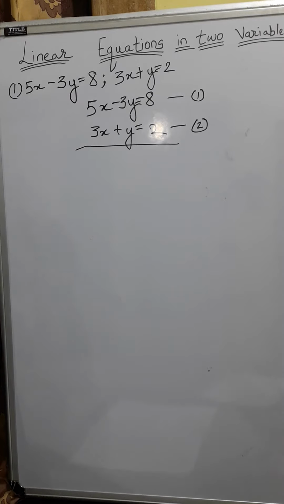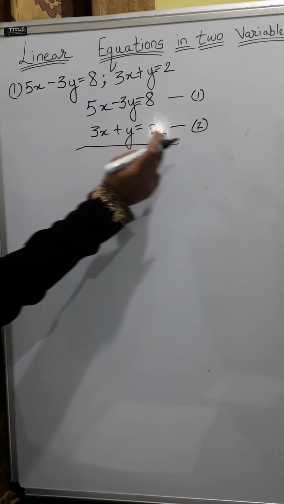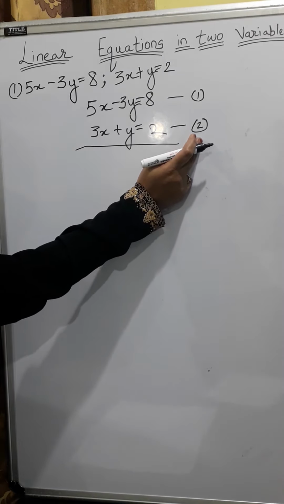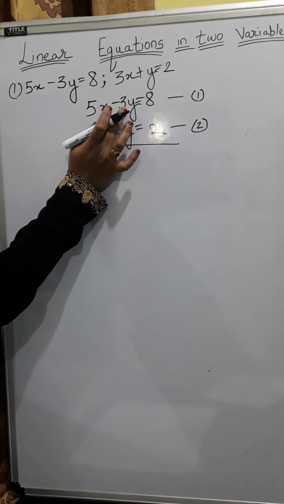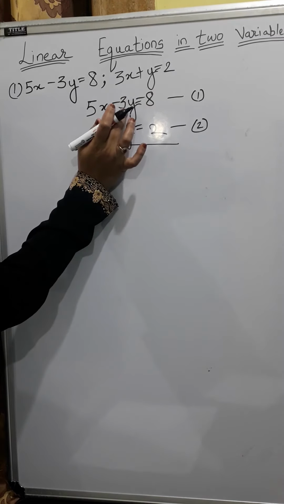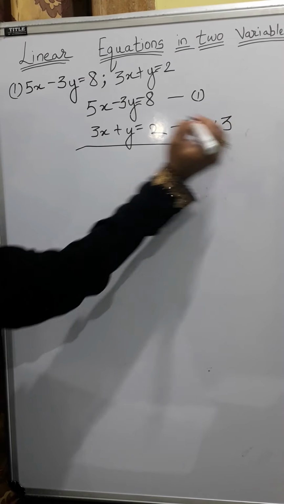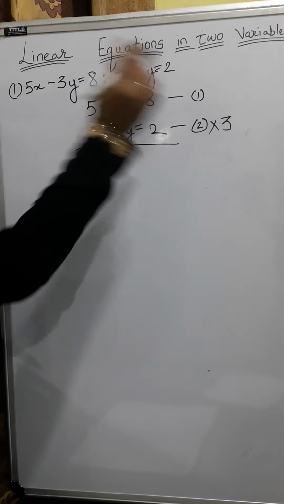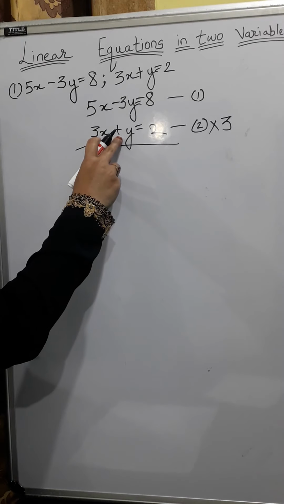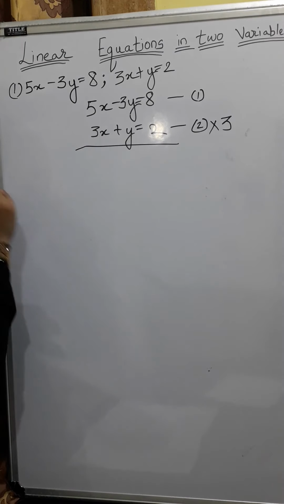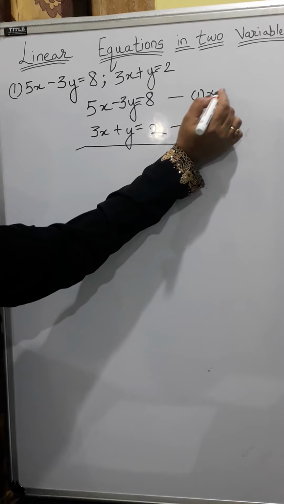Now to make that variable identical, we have to multiply equation number 2 with the coefficient of y of equation number 1, and then equation number 1 with the coefficient of y of equation number 2.